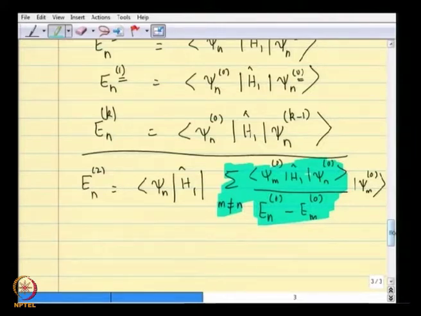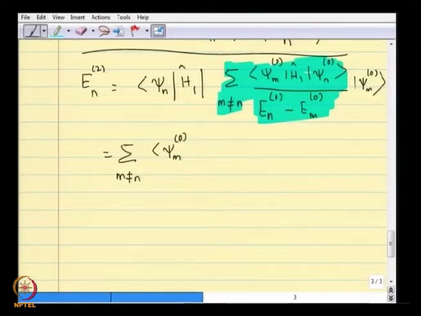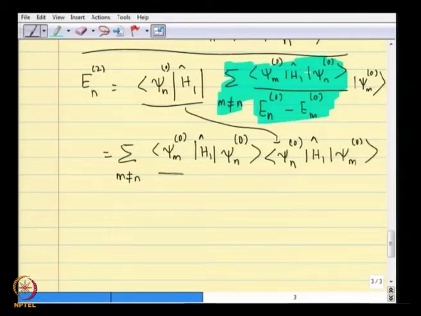Therefore, you can immediately take that out and write this in a more compact form, namely sum over m not equal to n, psi m0 h1 psi n0, and then psi n0 h1 psi m0 divided by En0 minus Em0.